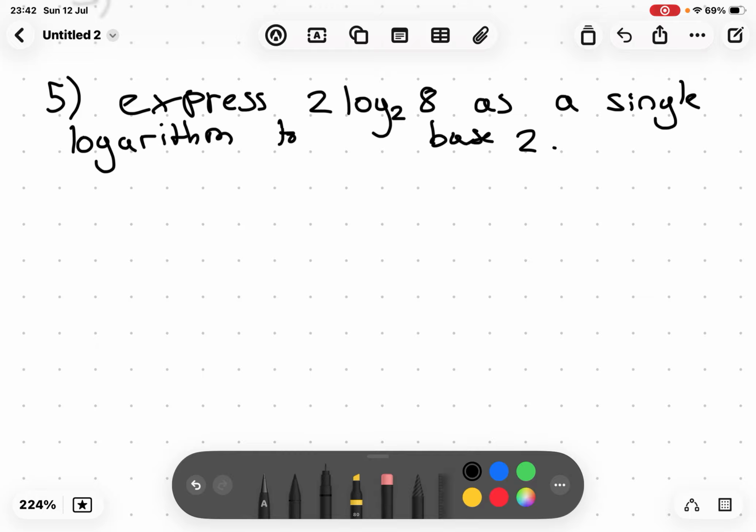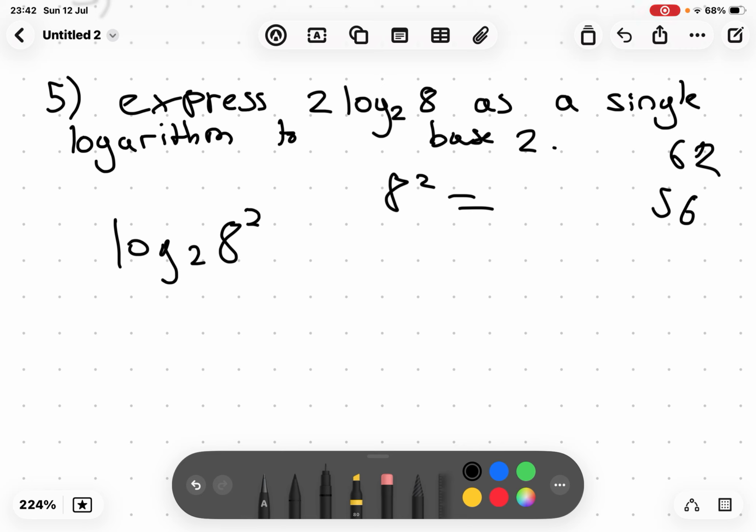Express as a single logarithm to base. Okay, this is a bit harder. So we just move the thing here, and so 8 squared is 64. Wait, is it?